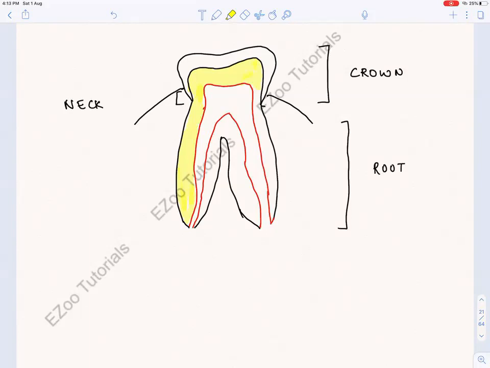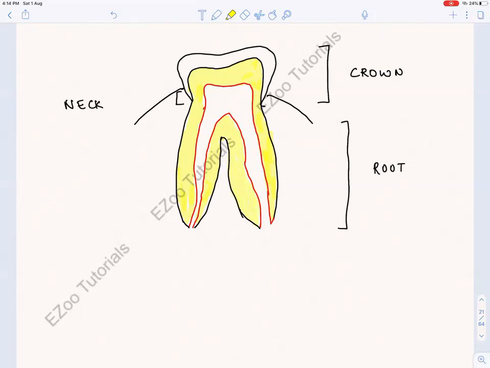And if there is some infection and it reaches till that, then it pains a lot. And that's what we do in root canal treatment, in which all the traces of pulp tissue which are infected, or which are diseased, are removed.